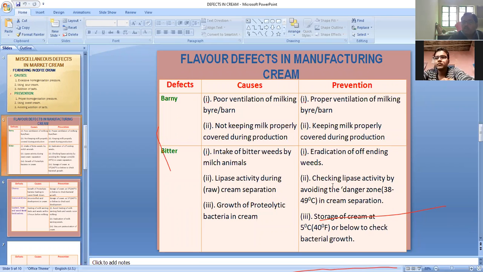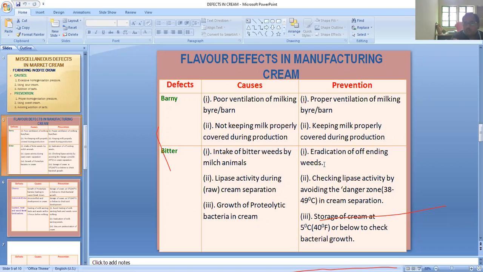Another one is that generally lipase activity is more active in the range of 38 to 49 degrees centigrade. So we can check the flavor defect, that is bitter defect in the cream, only by avoiding the danger zone, that is 38 to 49 degree centigrade, in cream separation.